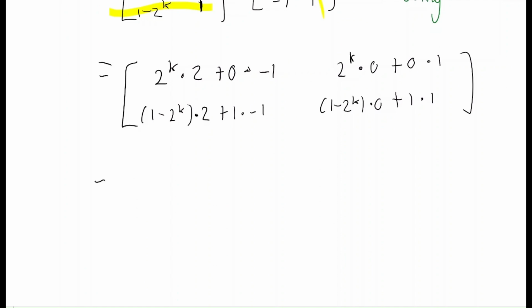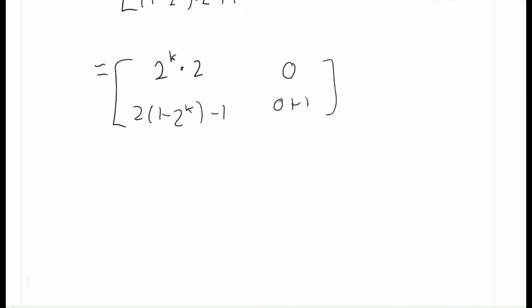That top left entry is just 2 to the k times 2. And I'm going pretty slow here, just so we're really clear. This is 0. This is 2, 1 take 2 to the k, take 1. And then this bit here is 0 plus 1.